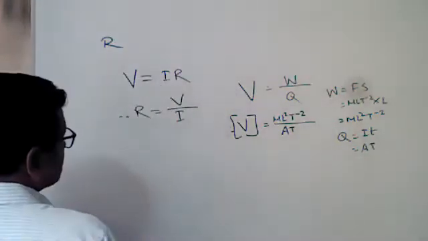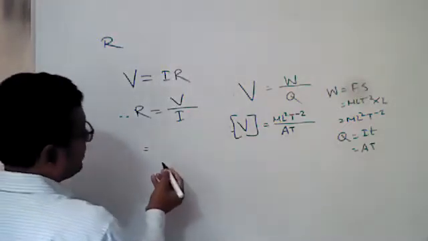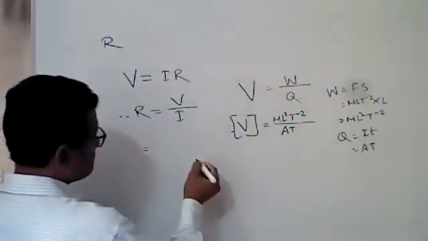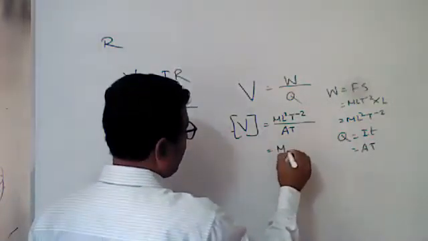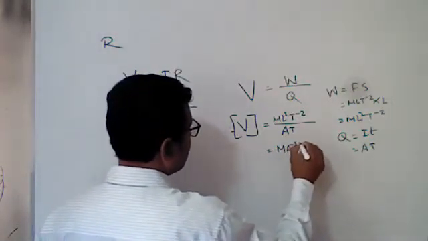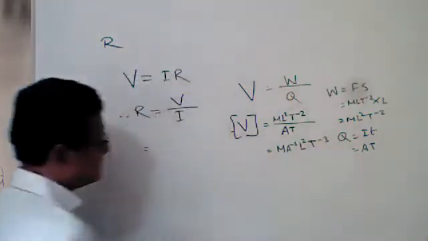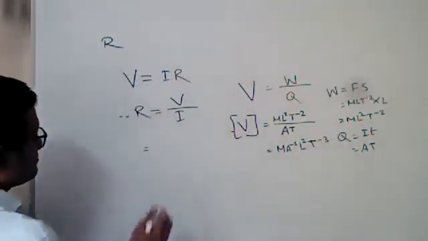From this we can write M A inverse L square T inverse 3. This is the dimension of V.